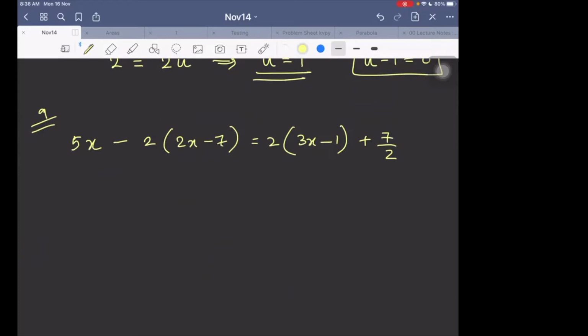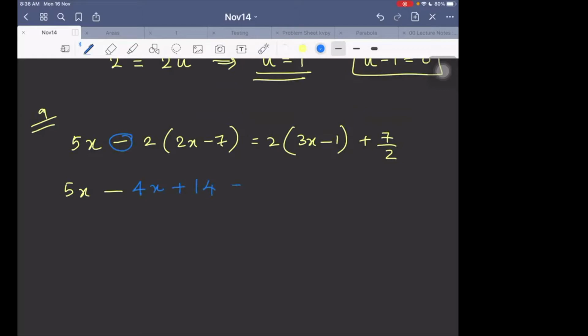So you need to expand those brackets first. So we have 5x minus, this is 2 into 2x. You should be very careful here because there is a minus sign. This negative sign will also be distributed. So this is going to be minus 4x. Minus 2 into minus 7 is going to be 14.